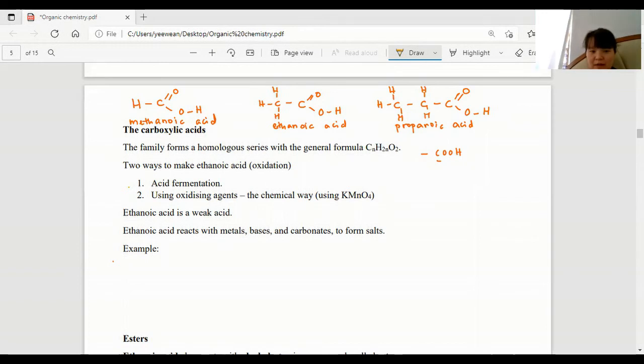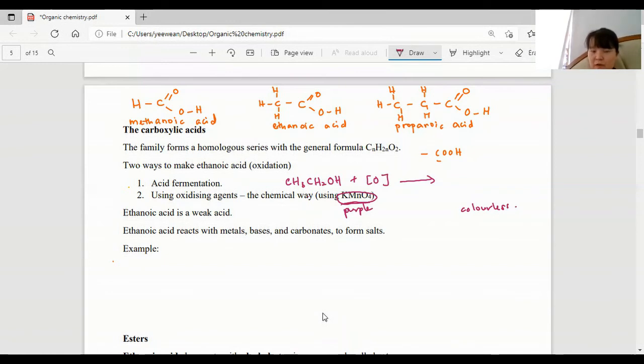We use oxidizing agents. So from ethanol, if we were to oxidize it with KMnO4, which is purple in color, it will decolorize and become colorless on this side, because it has been oxidized and the KMnO4 has been reduced.